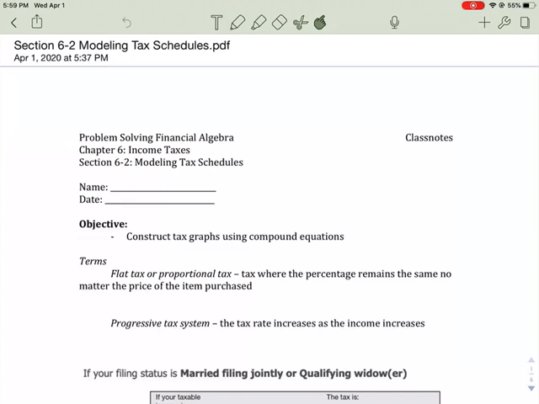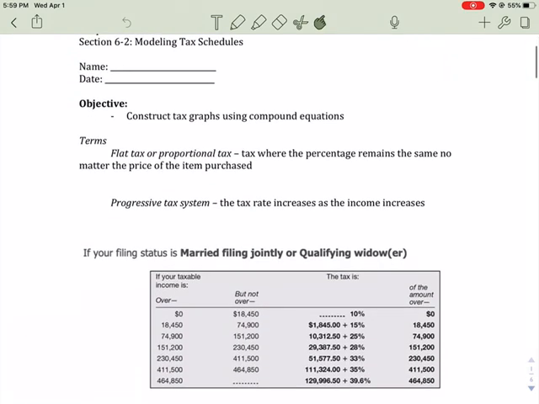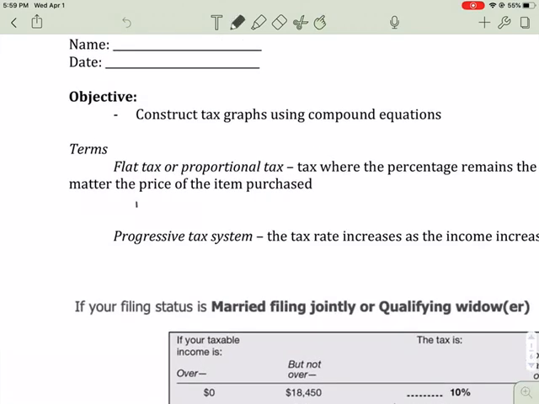Today we're going to construct some tax graphs using compounding equations. Again, we have some terms. We have flat tax or proportional tax. This is tax where the percentage remains the same no matter what the price of the item you purchased. An example would be when you go out and buy things that are taxable.